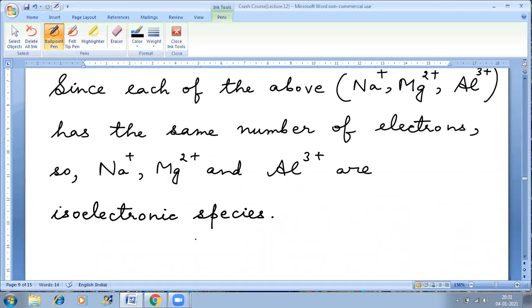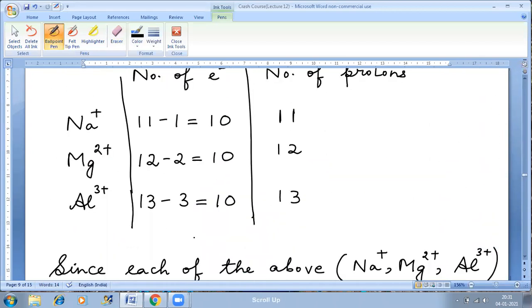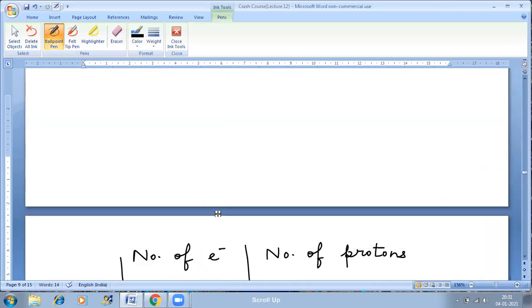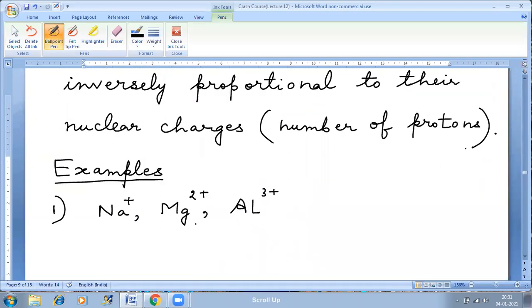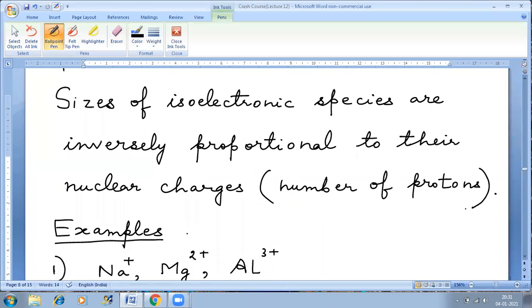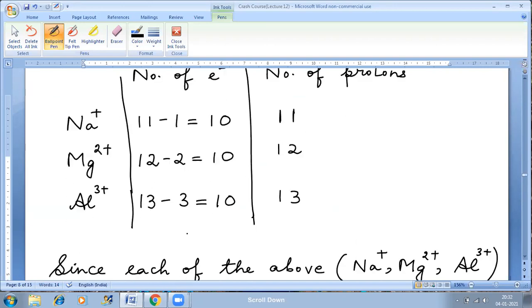Alright. Now, what will be the order of their sizes? I have told you here that for isoelectronic species, size depends on nuclear charge. That means if the number of protons is high, the size will be small. I repeat, if the number of protons is high, the size will be small because it's inversely proportional. So more the number of protons, smaller is the size.